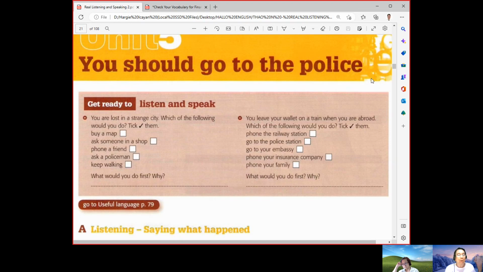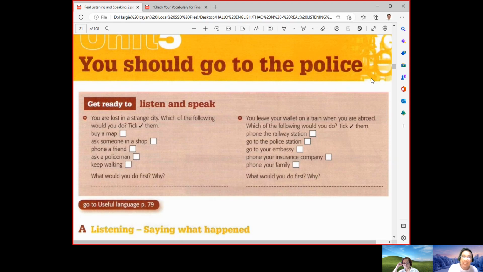It's very true that if we encounter any problems, let's say, for example, if we are scammed by someone, where do we usually go?